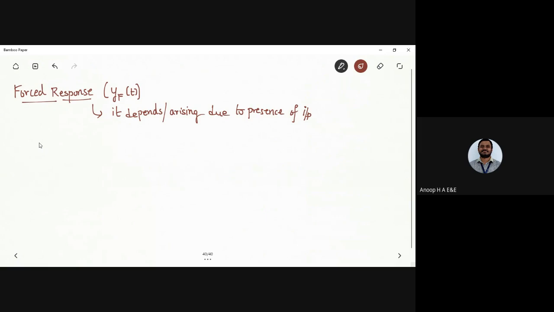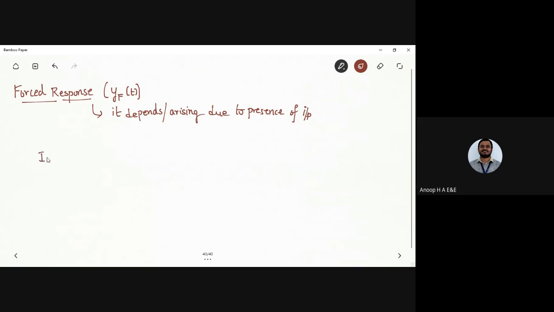If you have a u of t or r of t, which is a unit step function and a ramp signal, what would be the forced response sketch? As I told you, we have the steady state response of a system, and also the total response of the system.